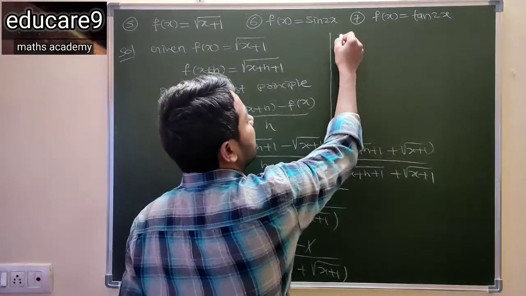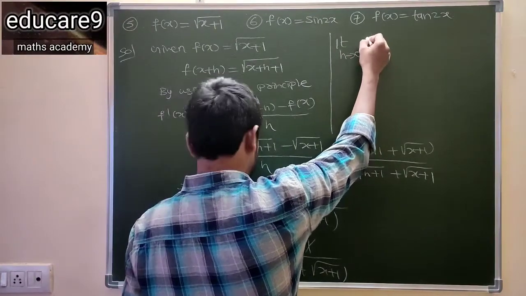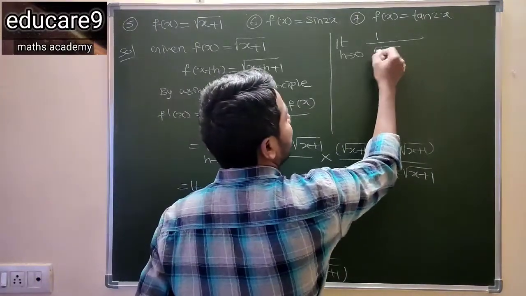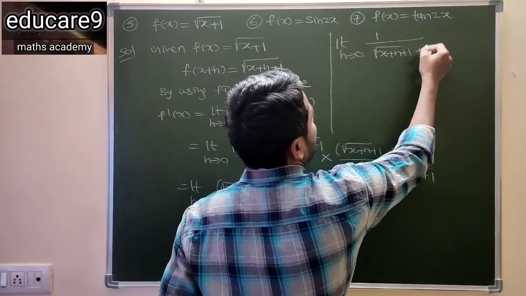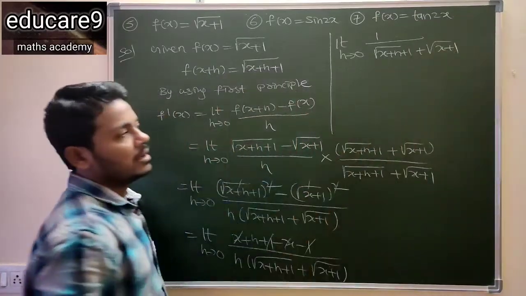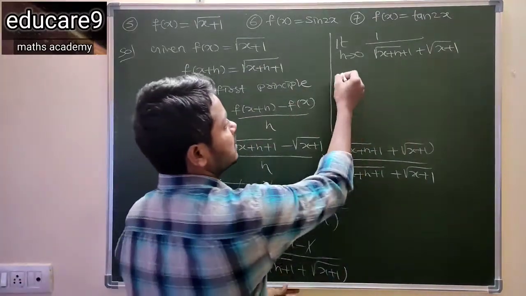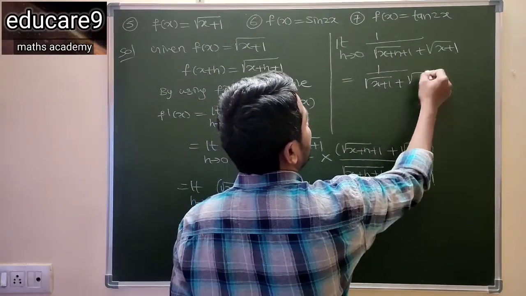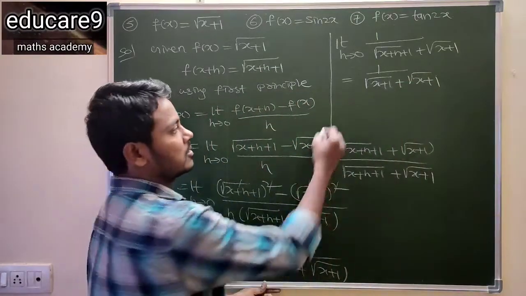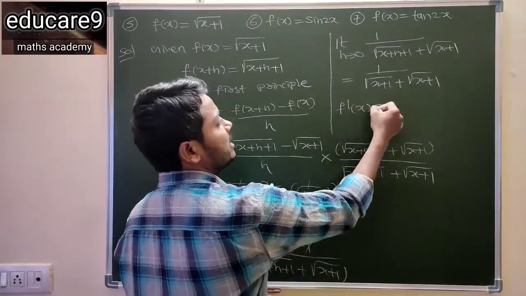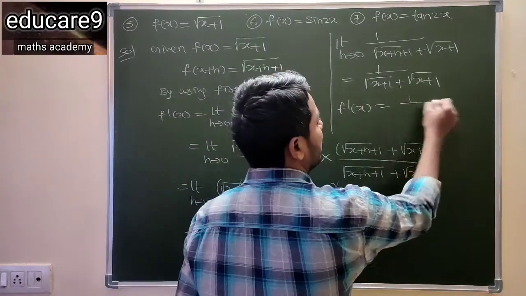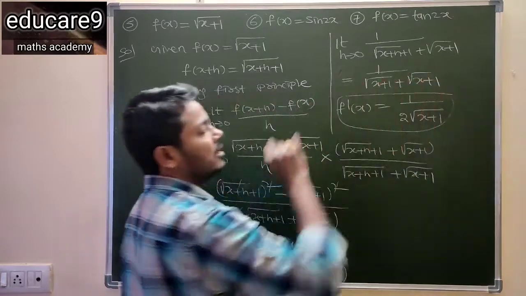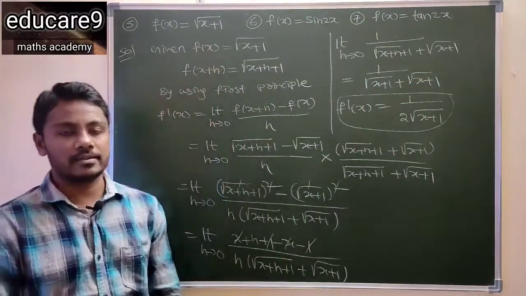Now this is limit h tends to 0 1 by this value root x plus h plus 1 plus root x plus 1. Now apply the limit value. So this is equals to 1 by root x plus 1 plus root x plus 1. So therefore the derivative of the given function is 1 by 2 root x plus 1. So this is the derivative of the given function.